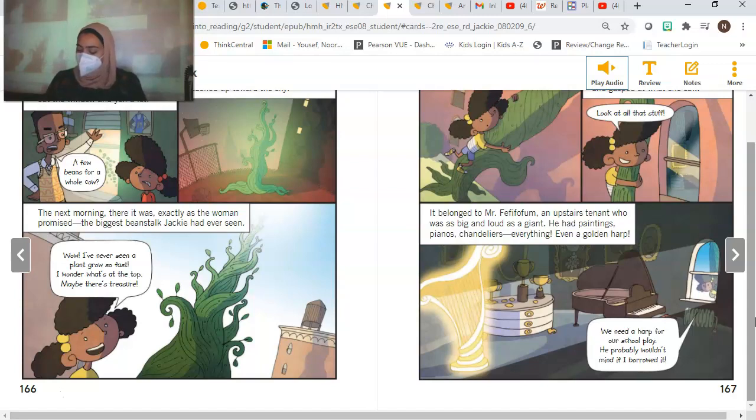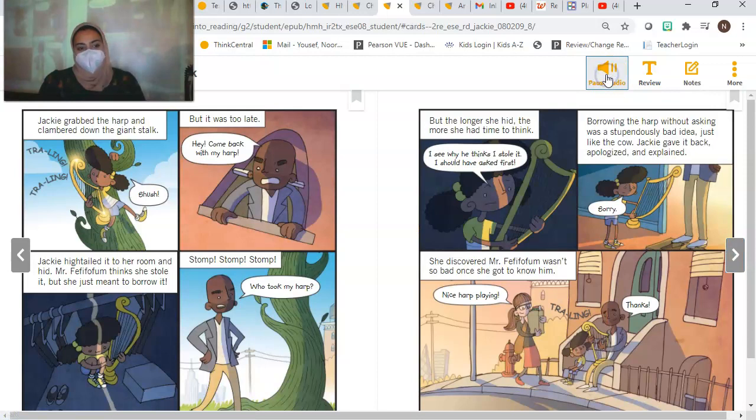How else is Mr. Fee-Fi-Fo-Fum like the giant? How else is he like the giant, Leia? He lives up the beanstalk above Jackie. He is as big and loud as giants, and he has many expensive things, right? All right, let's keep reading.